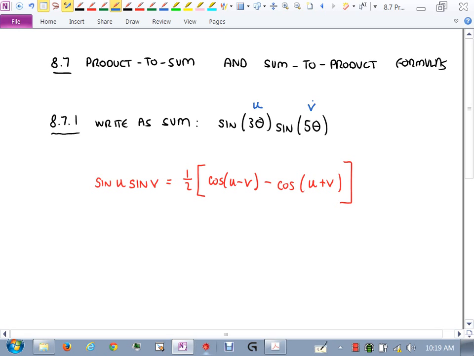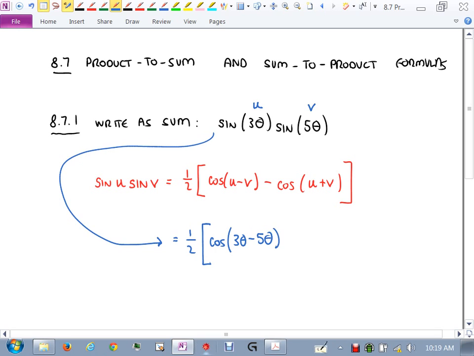So this is just apply the formula. Plug and chug is what we like to say here. So this becomes equal to 1/2 in brackets cosine of U, 3 theta, minus V, 5 theta, minus cosine of U, 3 theta, plus V, 5 theta.